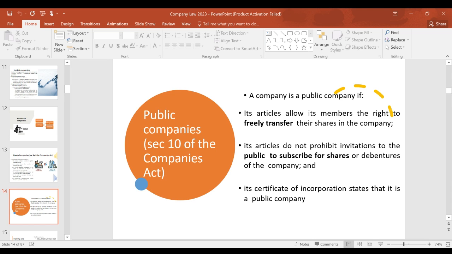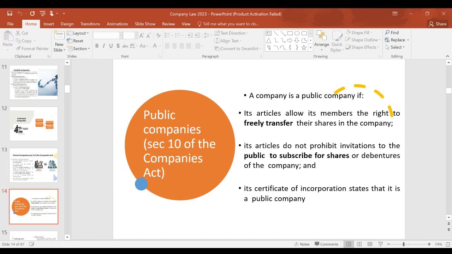So they can float the debt capital or equity capital. The equity capital will be the shares and the debt capital will be the debentures, where they're inviting creditors to bring in the money for the operation of the company.